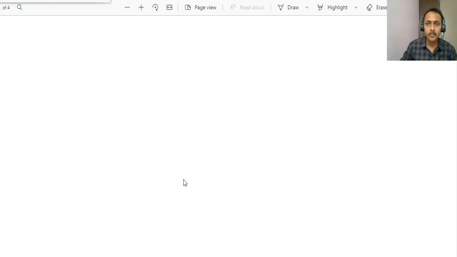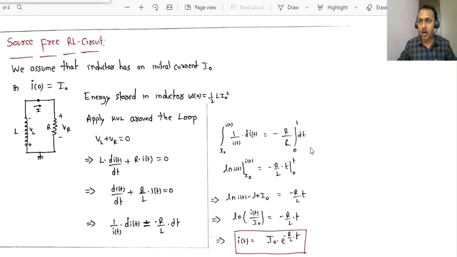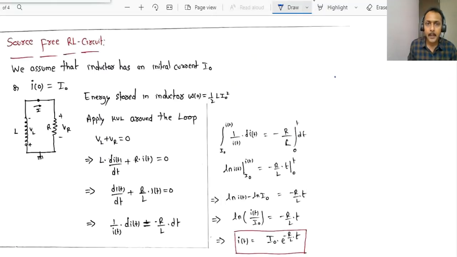If you observe in the source-free RC circuit, we assumed that the capacitor has some initial voltage V0. Similarly, here we will assume that the inductor has an initial current I0. Now the energy stored in the inductor is given by half L i square.